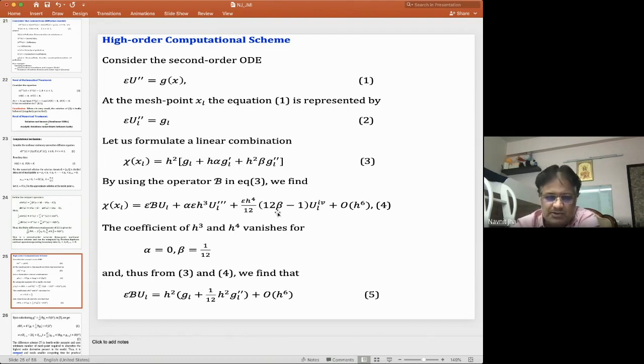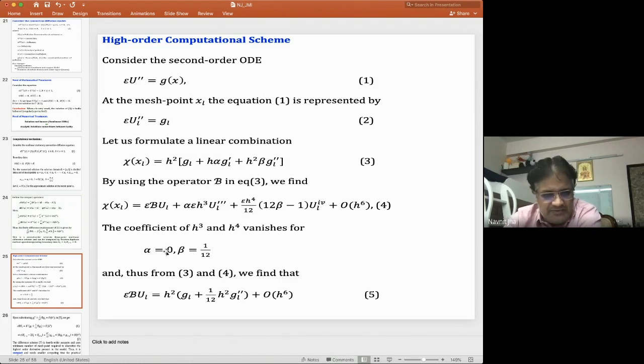If I choose alpha to be 0 and beta to be 1 by 12, basically I am going to equate the coefficients of the third order derivative of u and the fourth order derivative of u to 0. We can have alpha is 0 and beta is 1 by 12.